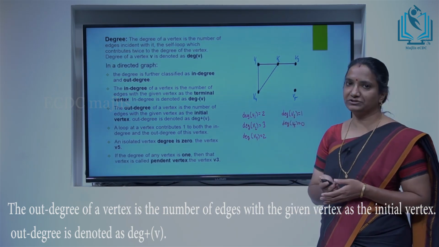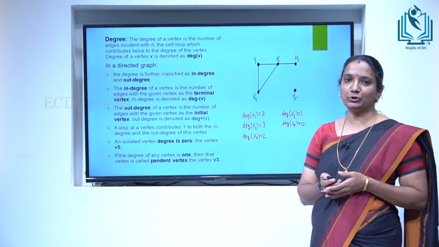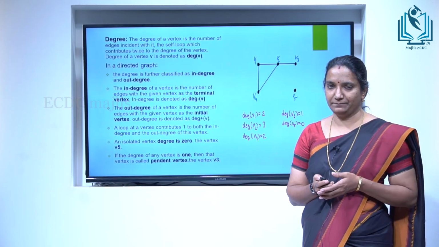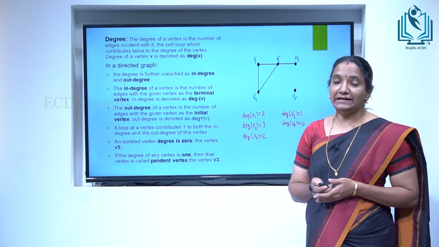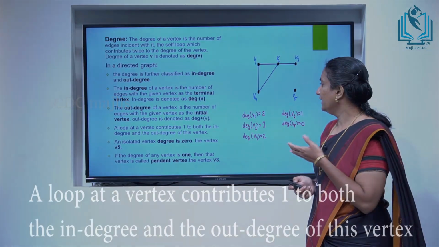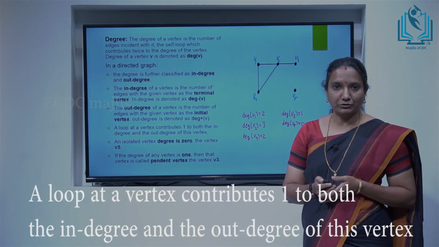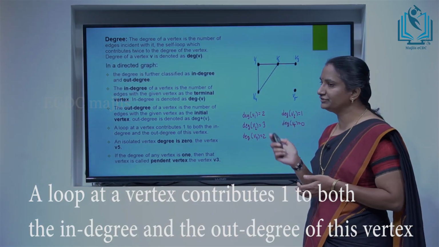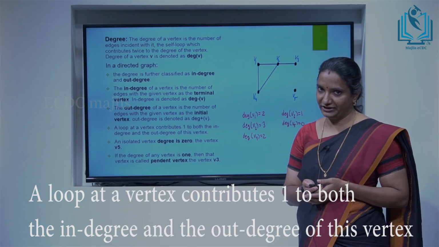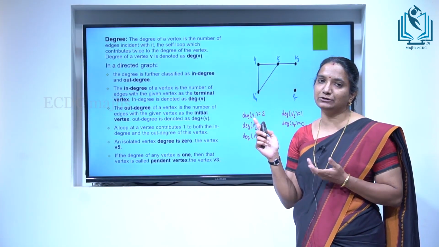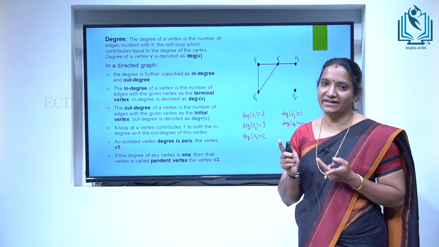The out-degree is denoted by deg⁺(v). In a directed graph, a loop at a vertex contributes 1 to both the in-degree and the out-degree, whereas in an undirected graph the loop counts twice, that is 2.